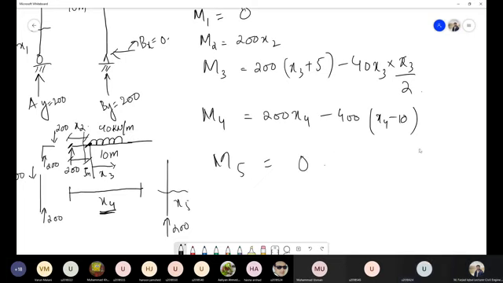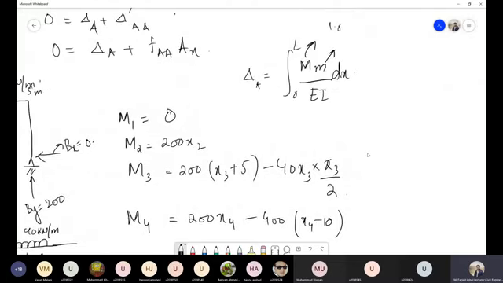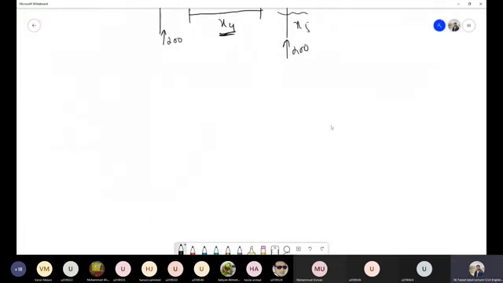So now we have 5 equations of moment, but we still need to find the small m. So now we will apply a unit load of 1 at this particular point and write down the equations for other sections.